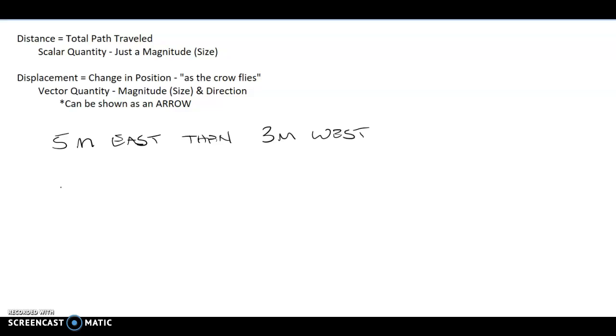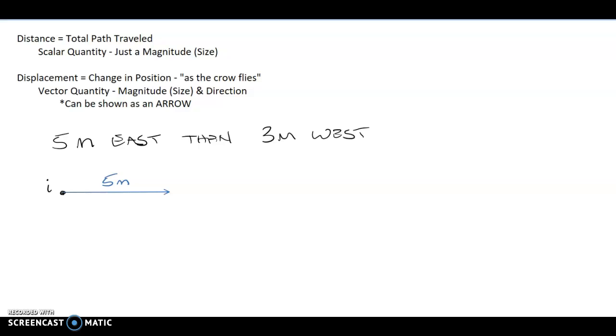So let's mark where we started. We started right here. I like to put an I for initial, and we're going to move 5 meters east. So I'm going to draw a little arrow. There's 5 meters, and my arrow points to the right. That is what we would call a displacement. There's an amount, 5 meters, and a direction to the right.